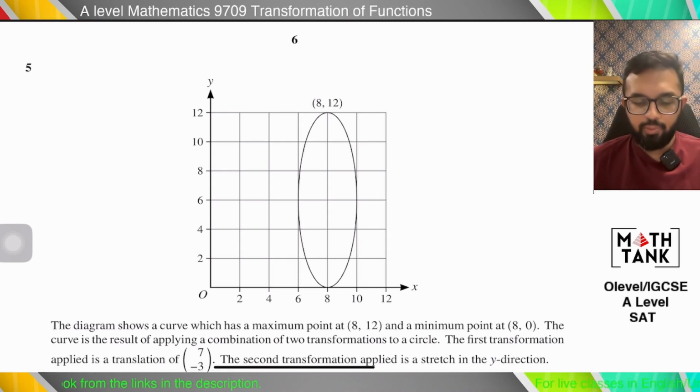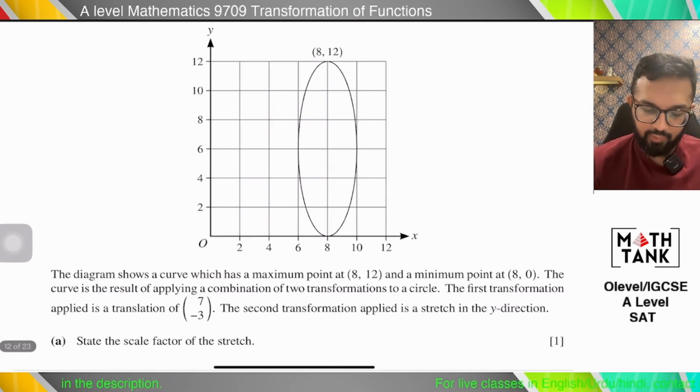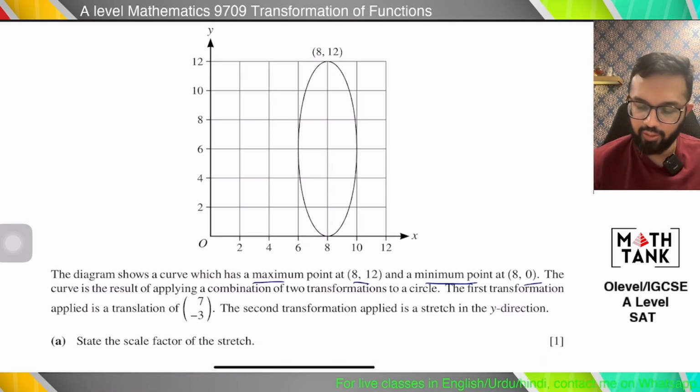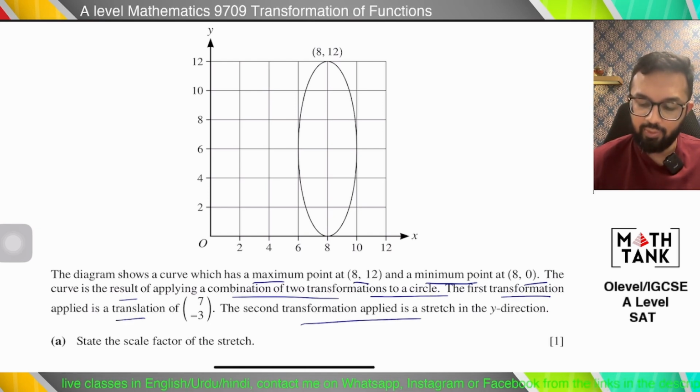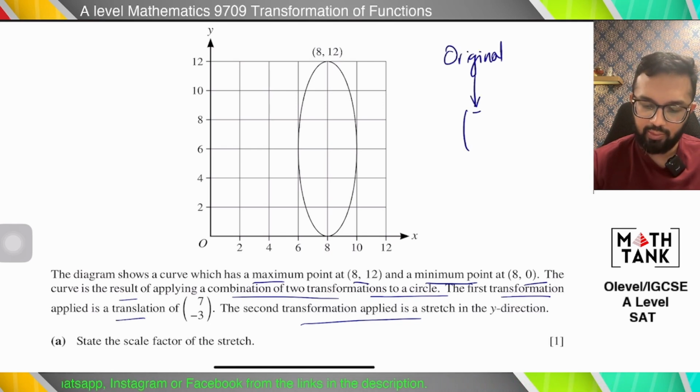Okay, starting, this is the diagram. So the curve has maximum point 8, 12 and a minimum point 8, 0. The curve is a result of applying transformations to a circle. The first transformation applied is a translation by 7, 3. The second transformation is in the y direction. Original 7 minus 3, and then stretch y.